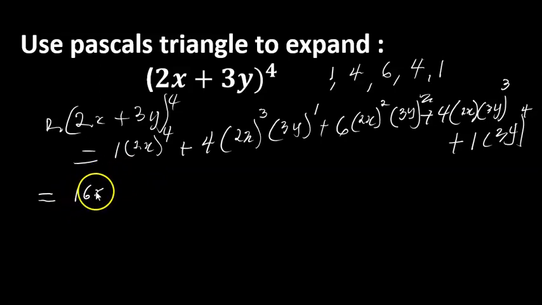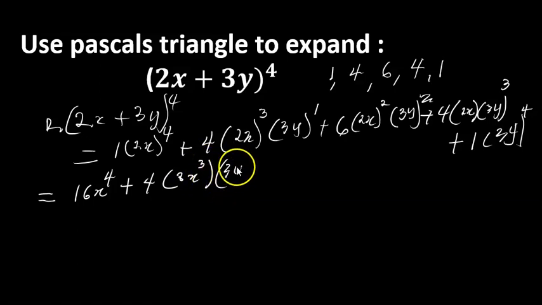That's 16x raised to power 4 plus my 4, now 4 into (2x) raised to power 3, that's 8x raised to power 3 into 3y. Let's leave it at that, we'll expand everything later.